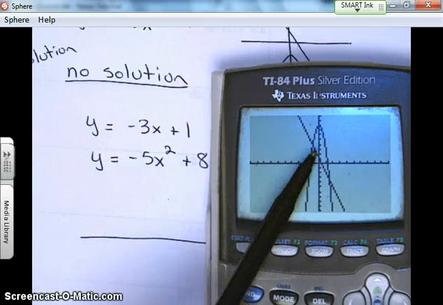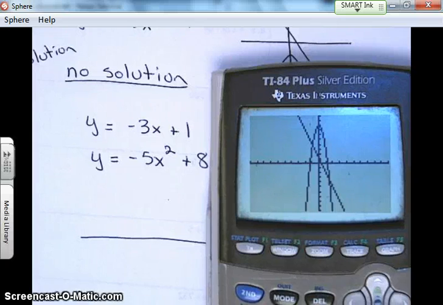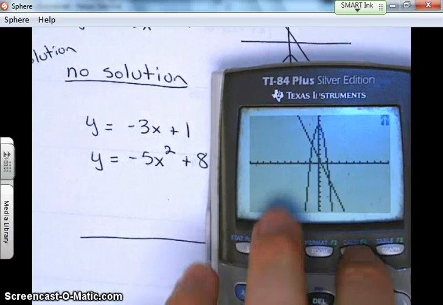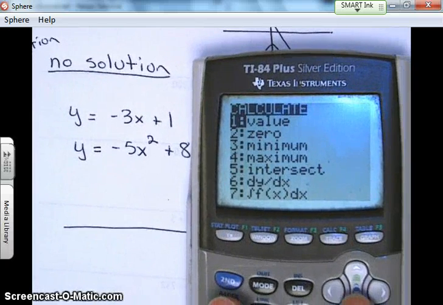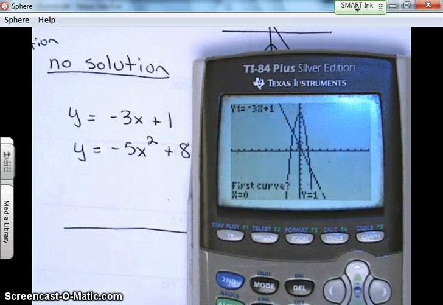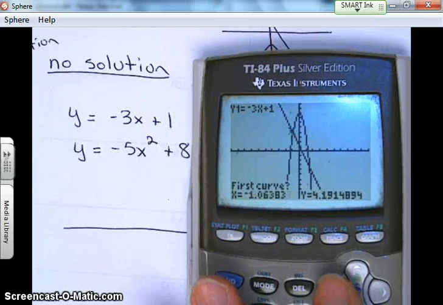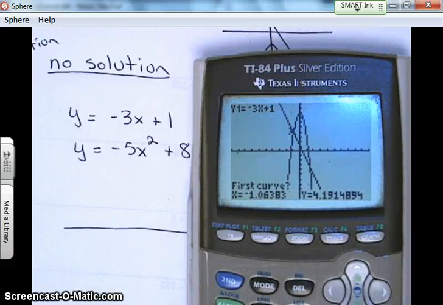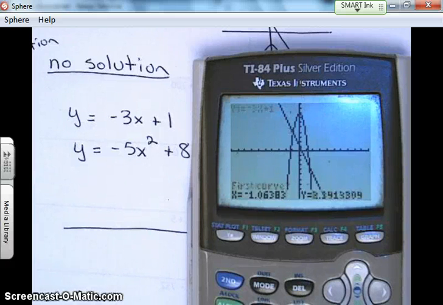Now to find those two graphically, we're going to press second trace, and we're going to go down to intersect. And then all we want to do is move that cursor near an intersection point. Once you move that cursor there, you press enter 3 times, and it tells you negative 0.9 and 3.8.